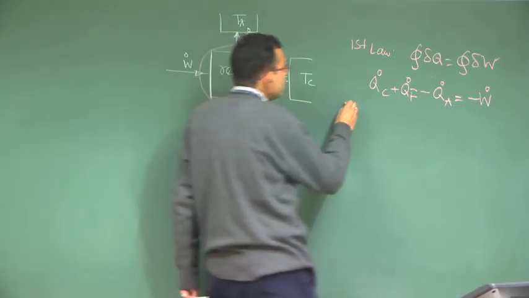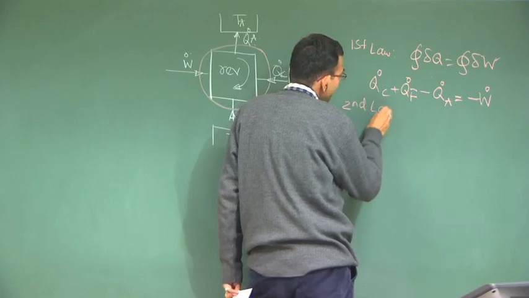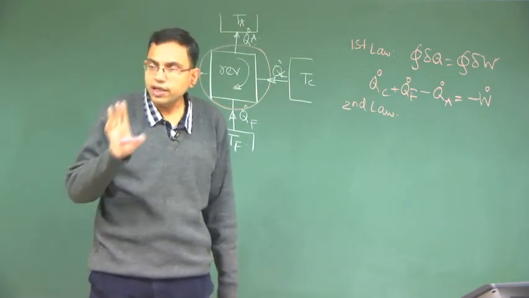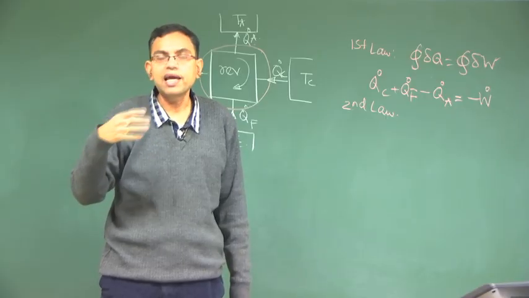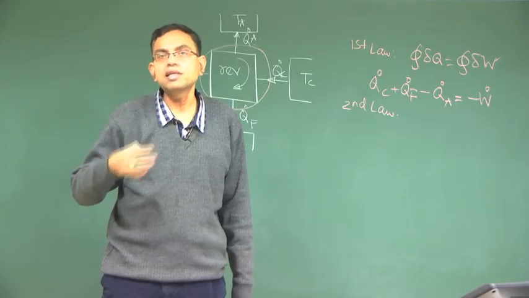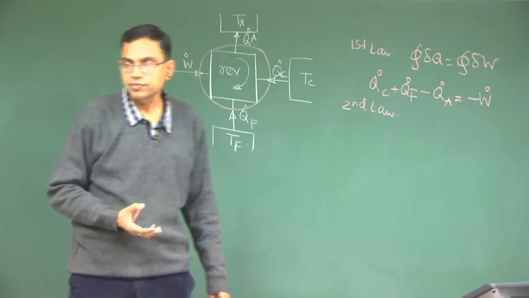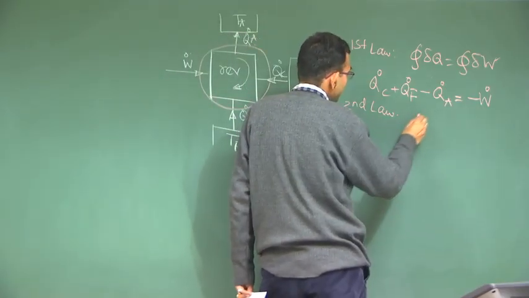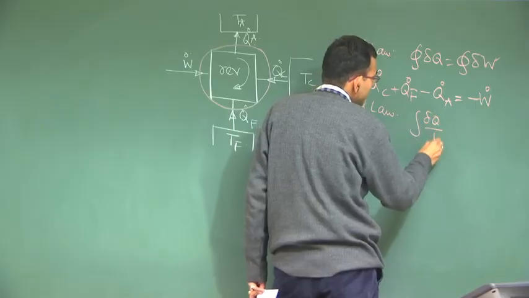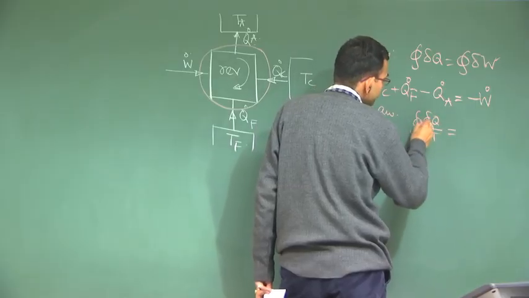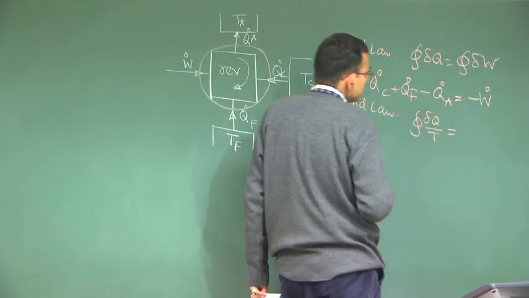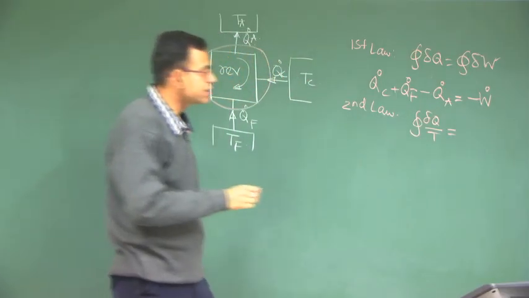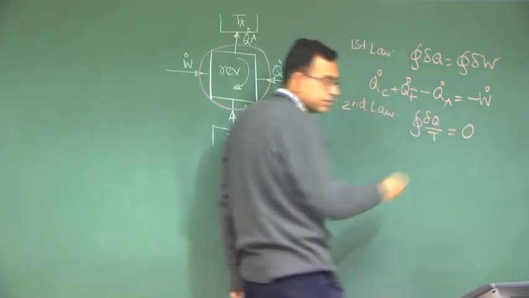Second law concerns only heat transfer, because work is a high grade energy, it does not participate in entropy transport. So, second law, you have cyclic integral of del Q over T equal to 0 for a reversible cycle.